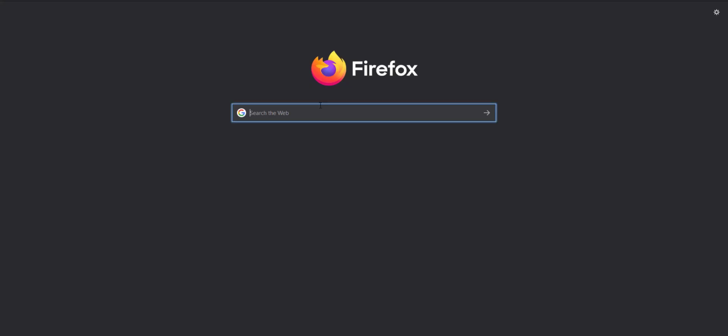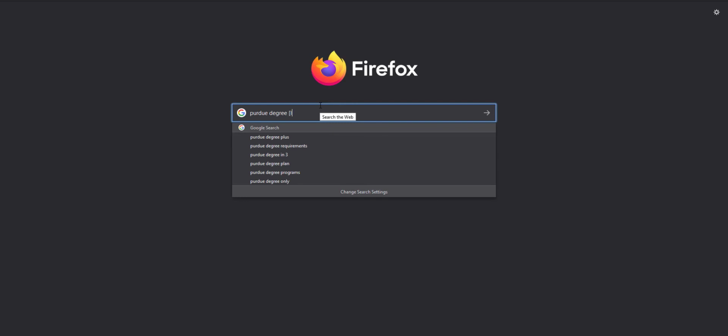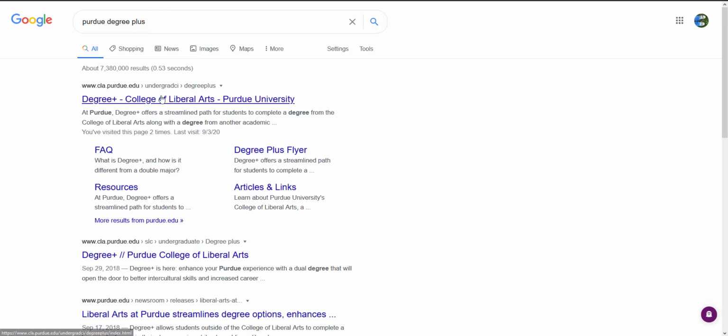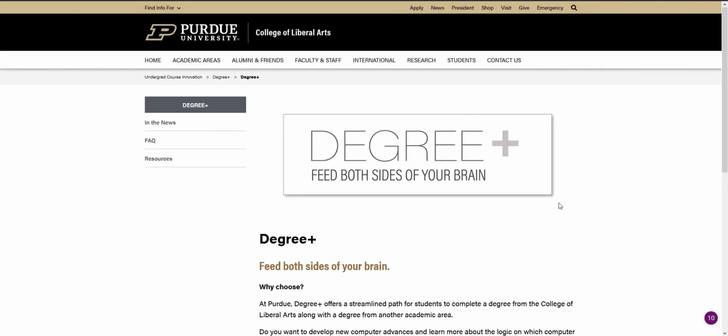One of the programs we have in the university is called Degree Plus. Degree Plus is in the College of Liberal Arts, and what it says is that you can do any sort of degree in the College of Liberal Arts and take the major courses in that major and not the core classes that are required for liberal arts. So you do get a double major.